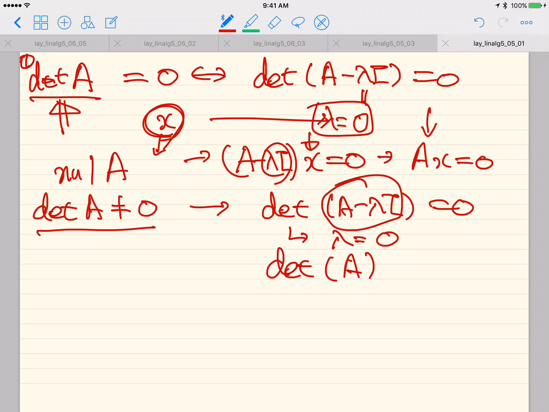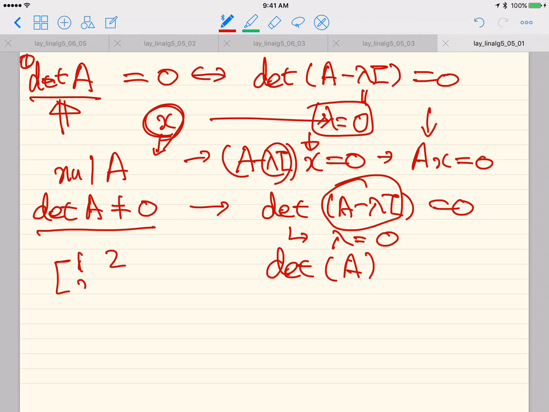So here the point is we have to make A non-invertible by subtracting lambda I, right? But it's already non-invertible. So the question is, can we find a non-zero lambda that will still make A minus lambda I non-invertible?